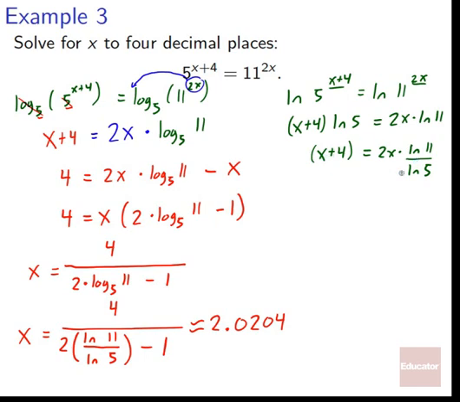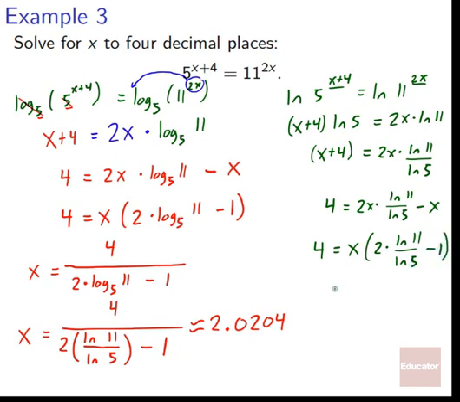And then if we want, we could move the x over as well, and we'd have 4 equals 2x times natural log 11 over natural log 5 minus x. Now we do the same trick, pull out our x's. We get 4 equals x times 2 times natural log of 11 over natural log 5 minus 1.